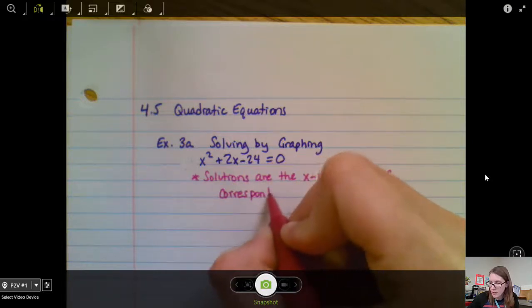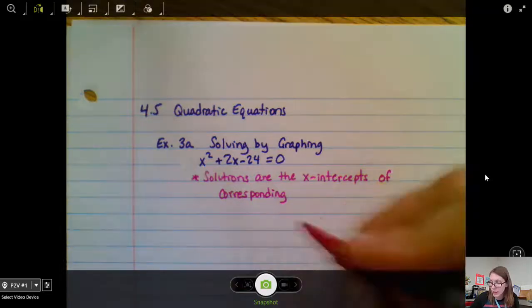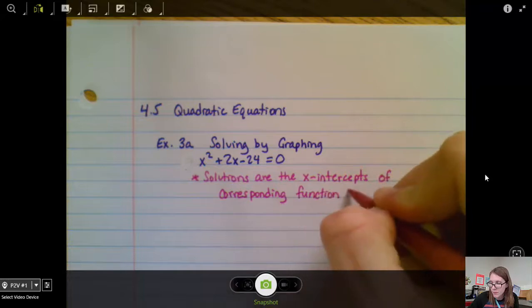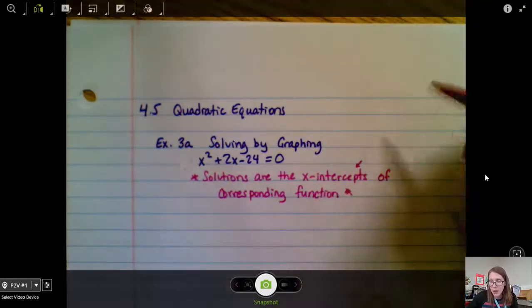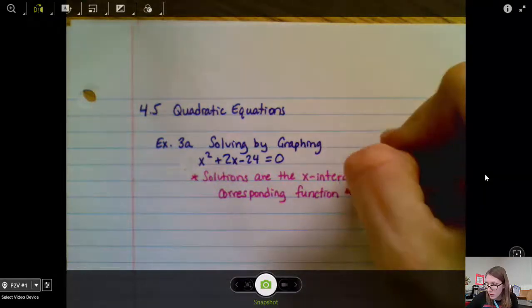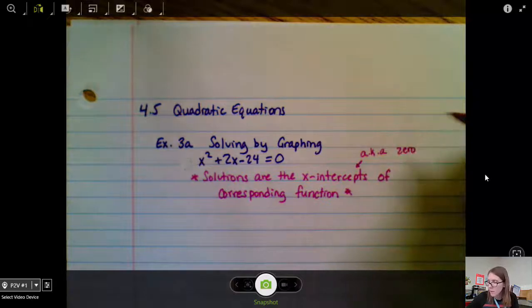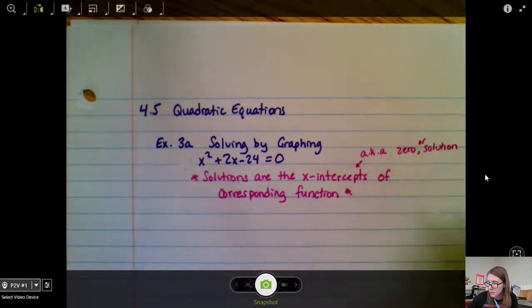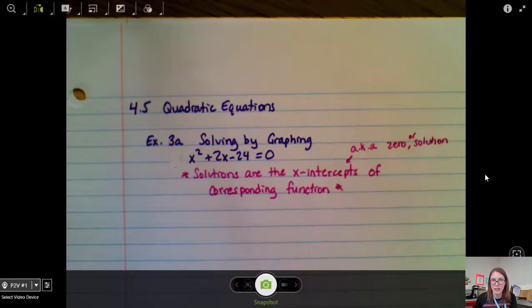So keep this in mind, the real meaning of our solution to our equation: the x-intercepts of the corresponding function. Now, sometimes this word x-intercept can also be referred to as a 0 or a solution. So the 0 of a quadratic function is really the x-intercept.